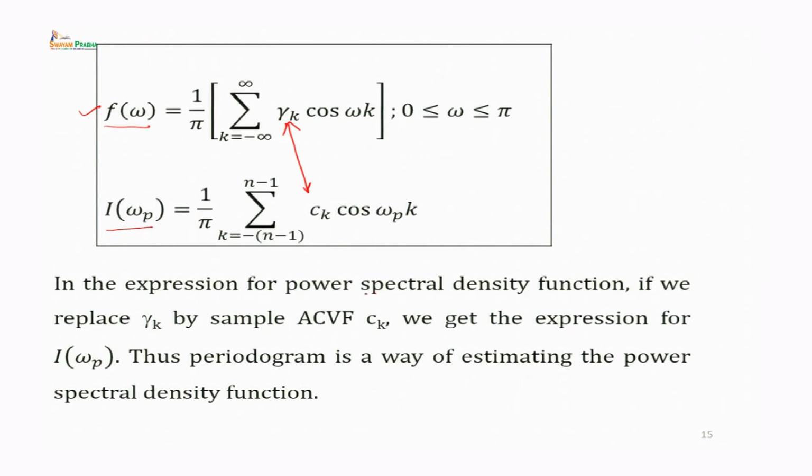In the expression for the power spectral density function, if we replace gamma k by sample autocovariance function C k, then we get the expression for I omega p. So, this periodogram provides you a way of estimating the power spectral density function. Periodogram is a sample estimate of power spectral density function.